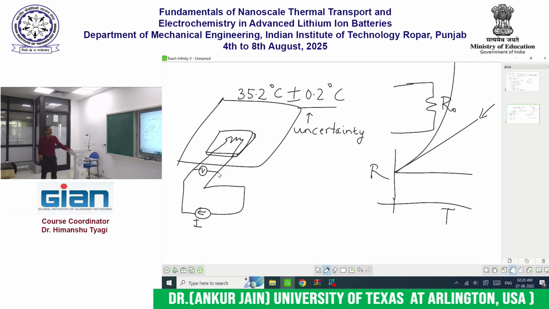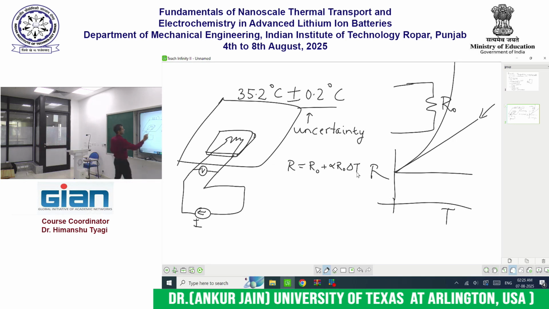Sure. So the sensitivity of the resistor is usually measured in terms of this alpha term, where alpha is the temperature coefficient of resistivity, right? Alpha should be as large as possible.